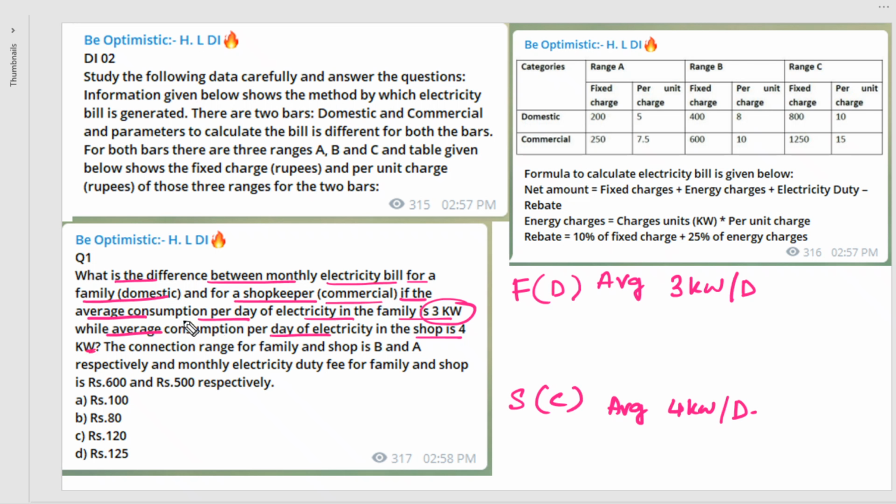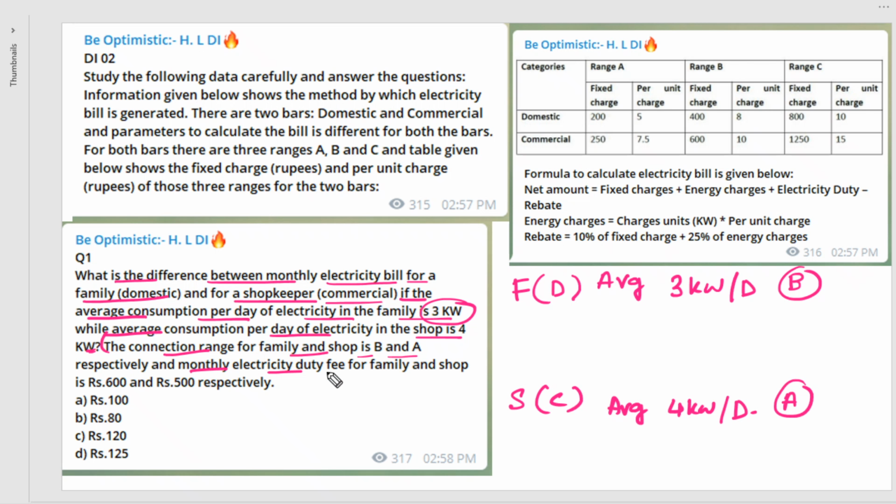So what is the difference of your monthly electricity bill? This is the question. Now some additional information is there. The connection range of family and shop is B and A respectively. So for the family, the connection range is B, and for the shopkeeper, it is A. And the monthly electricity duty: in every question they mention the amount of the monthly electricity duty.